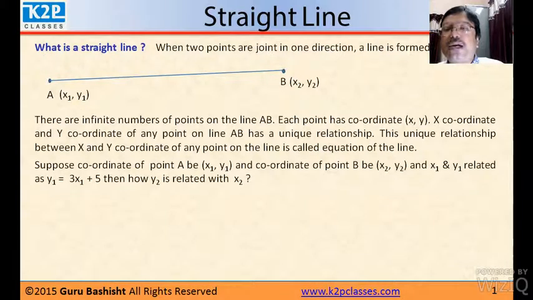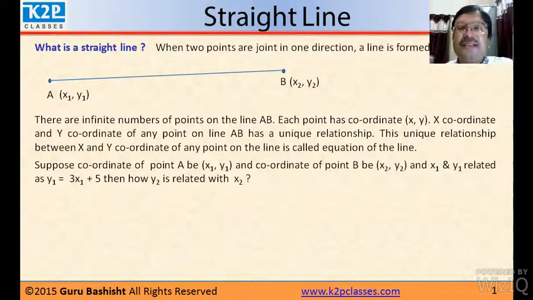Suppose the coordinate of point A is x1, y1, and the coordinate of point B is x2, y2, and x1 and y1 are related as y1 equal to 3x1 plus 5. Then how is y2 related with x2? Just think, very simple.